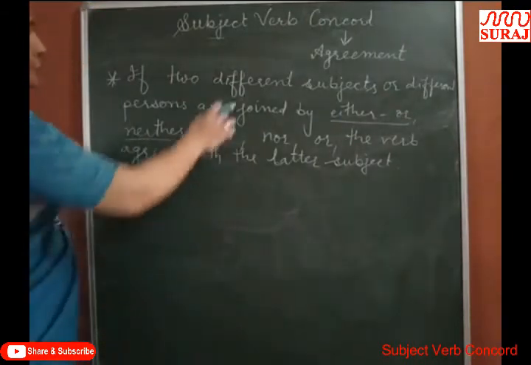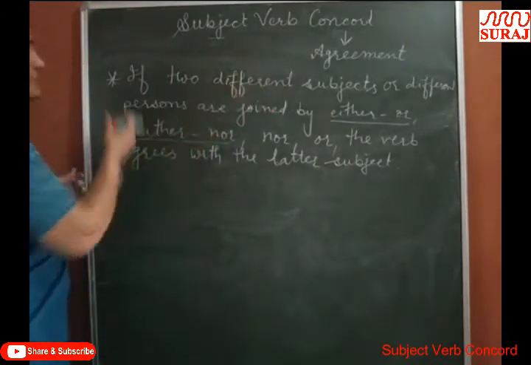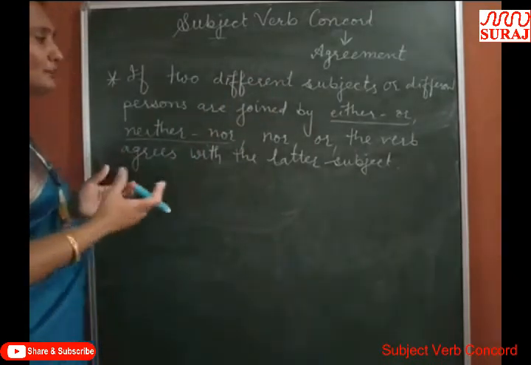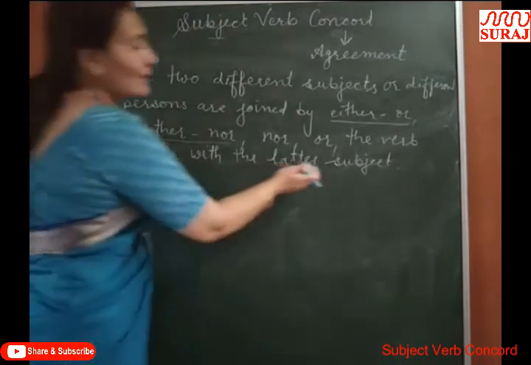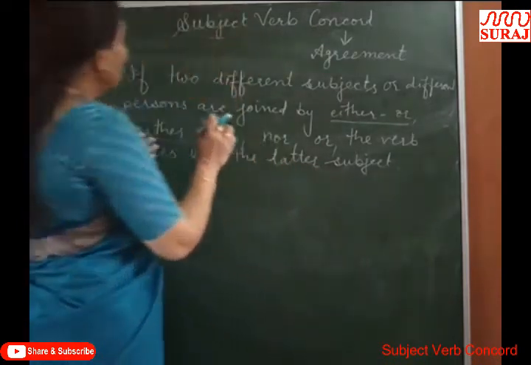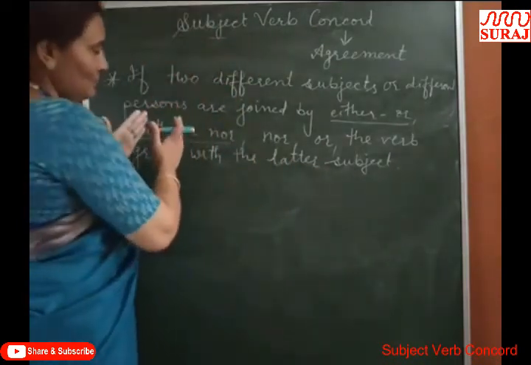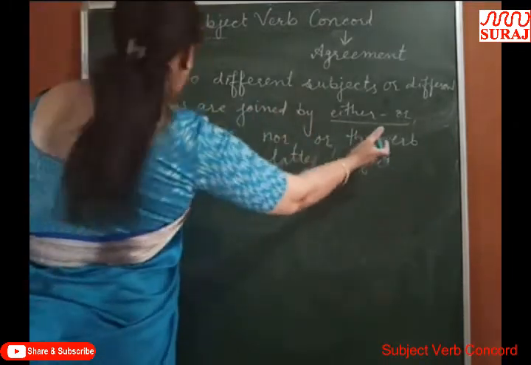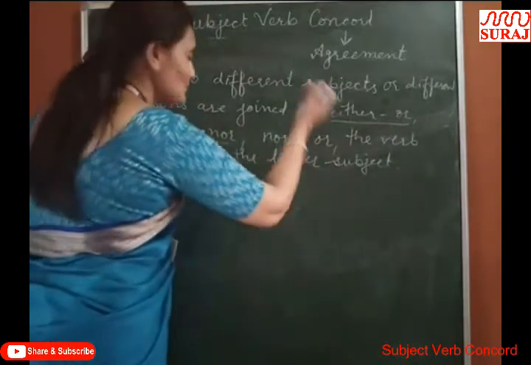If two different subjects or different persons are joined by either or, neither nor, not only but also, these are the correlative conjunctions. Either or, neither nor, not only but also, both and.